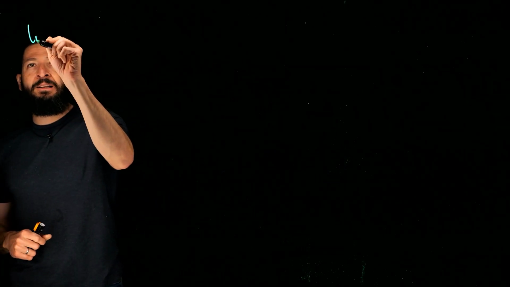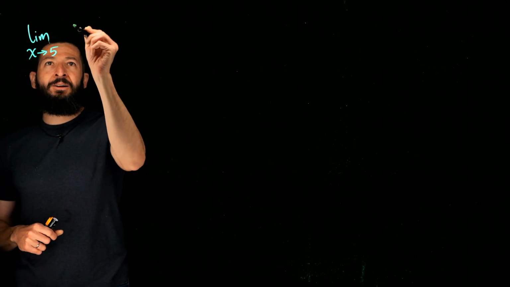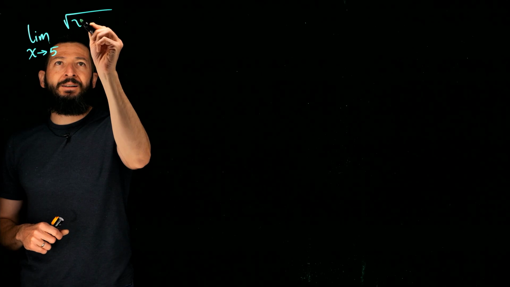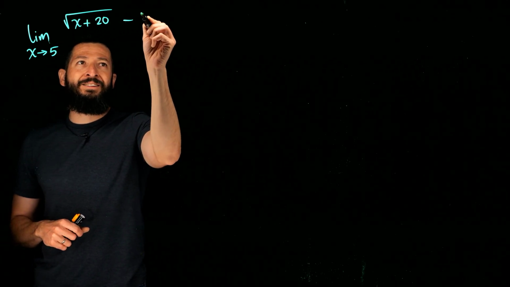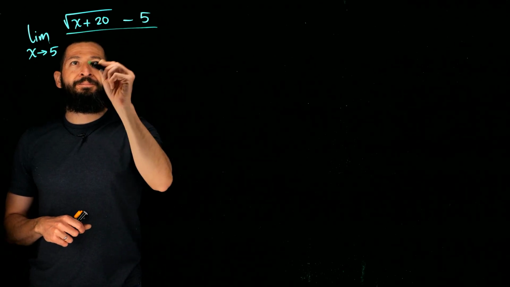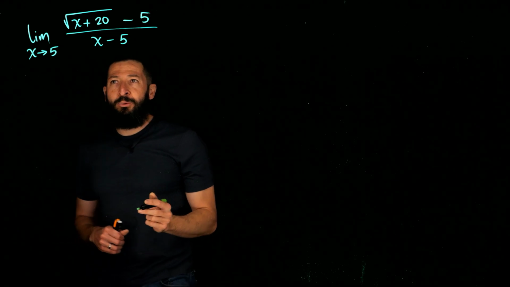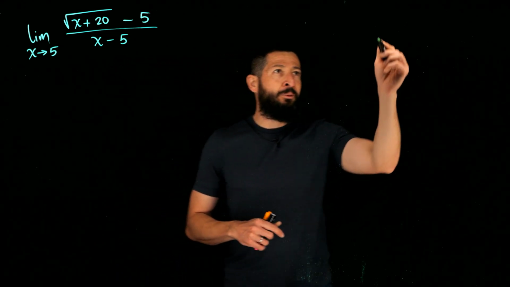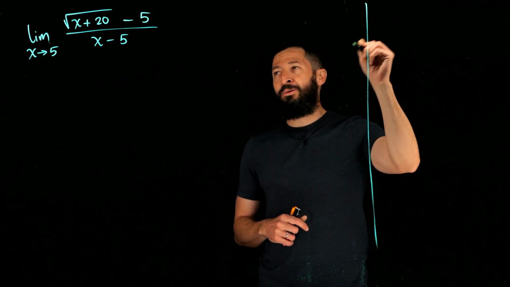Okay, so last time we computed a limit that looked somewhat like this. Not exact, but along these lines. Actually, I'm writing the exact same example. And if you remember, the first thing we did, we evaluated at x equals 5.